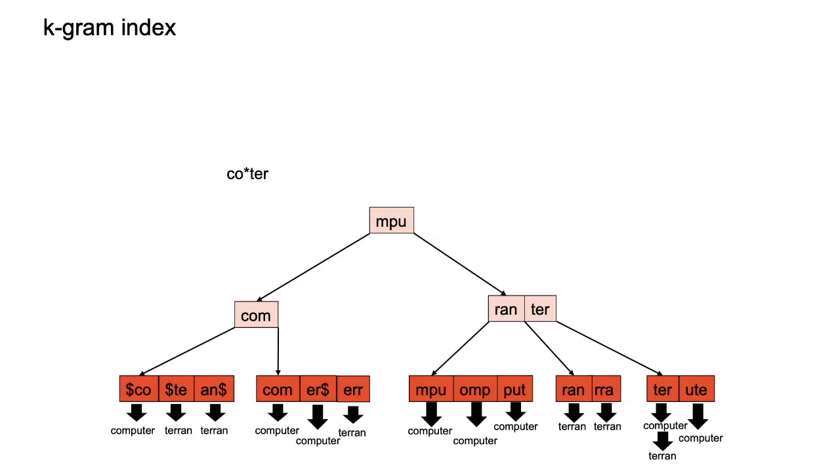Because there's no star at the beginning, so it really starts with C and O, so this is captured by $CO, and then TER and ER dollar, right? Oh, I didn't put ER dollar for some reason. Okay, you could also add ER dollar in there. But anyway, even with $CO and TER, we already find computer, and that is common to the two, right? You do the intersection. So this is how you actually find computer as a match.